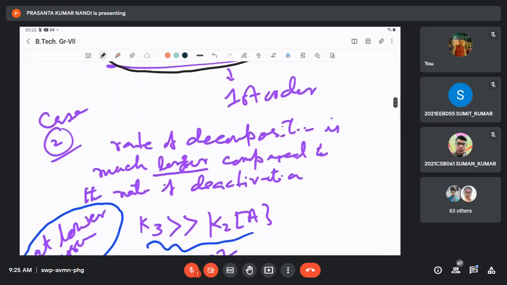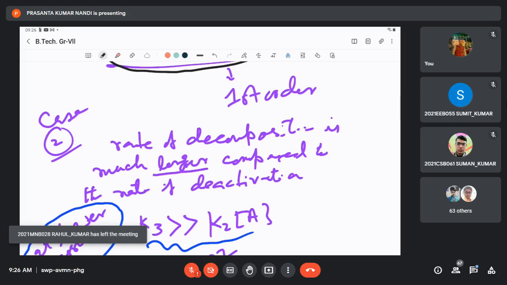Now case 2. There is another case of how to simplify the overall rate equation as proposed by Lindemann. Here we assume that the rate of decomposition is much larger compared to the rate of deactivation. This is very important. The activated species moves to the product channel with greater ease compared to its deactivation step.